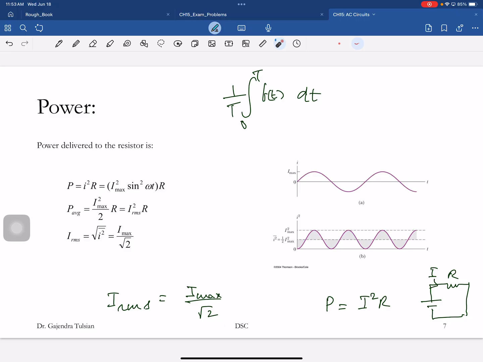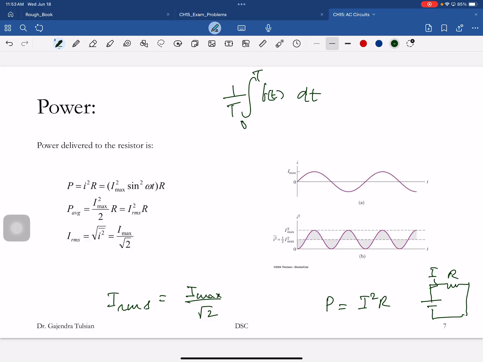It turns out that in general, this is always true. Wherever you have an expression for DC circuits, you replace terms by RMS values, and you get the expression for the corresponding AC circuit.